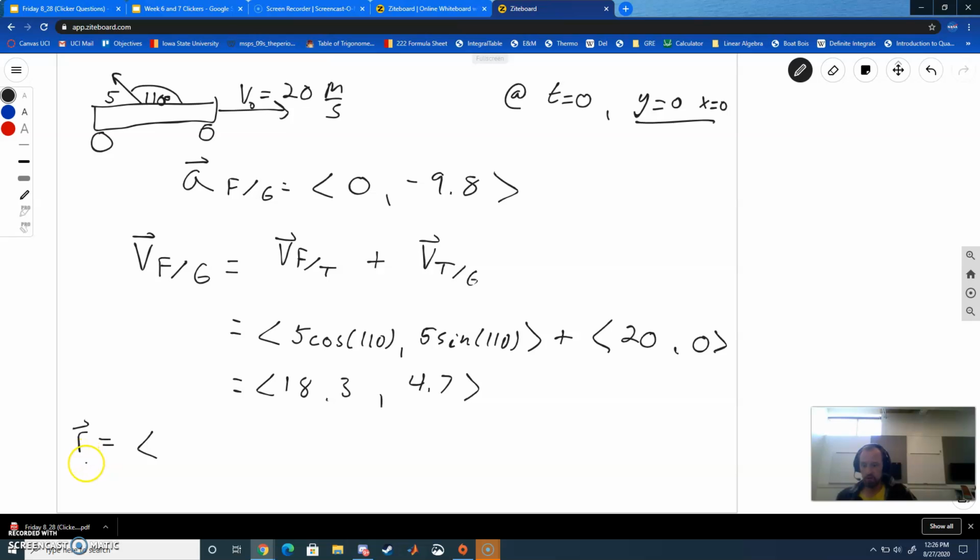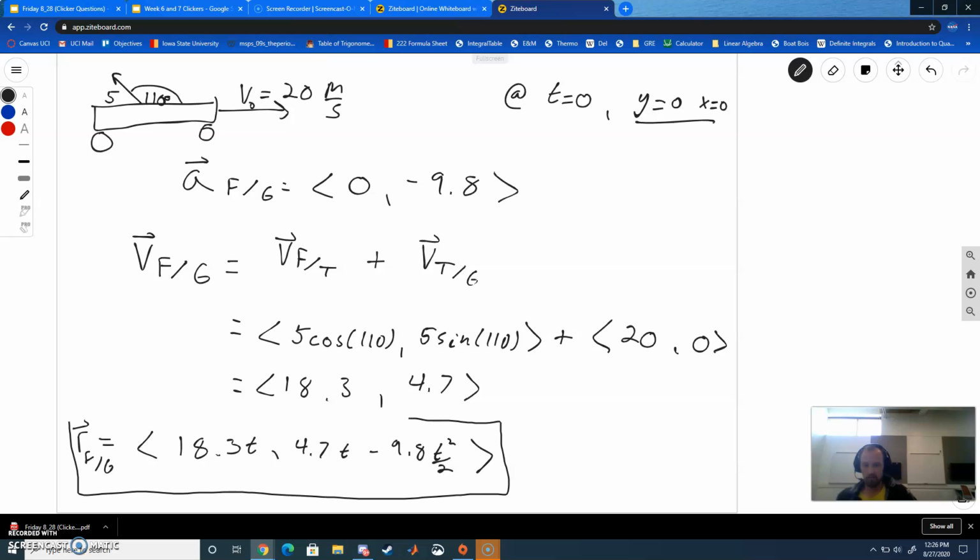So the position of the frog with respect to the ground equals 18.3 times time. That's my velocity piece. And there's no acceleration in the x direction. In the y direction, I'll get 4.7 t minus 9.8 t squared over 2. So now we have the position of the frog as a function of time while he's in the air.